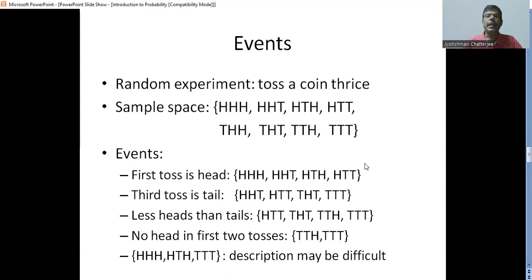Now, if that is the random experiment, we can talk about the following events. The first toss is head. This is an event. We have described it in words. What's the corresponding subset?